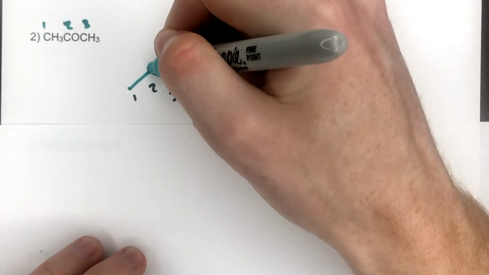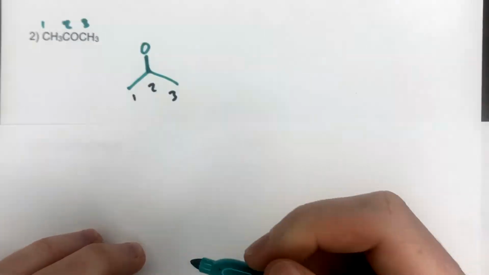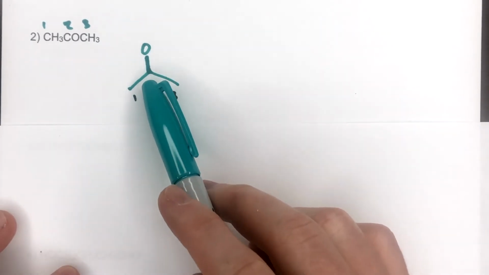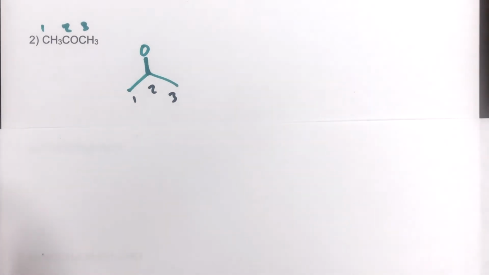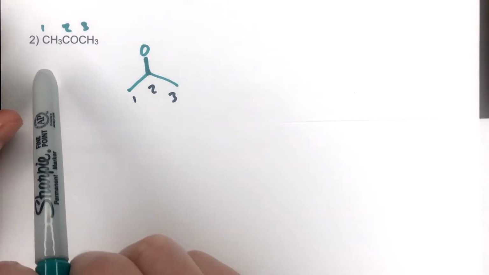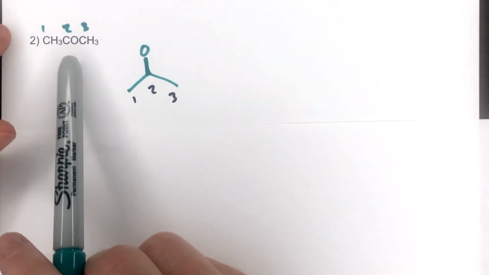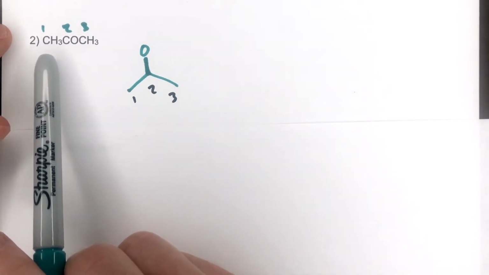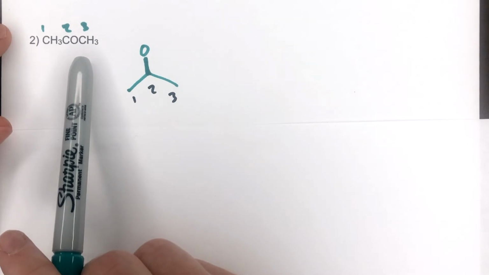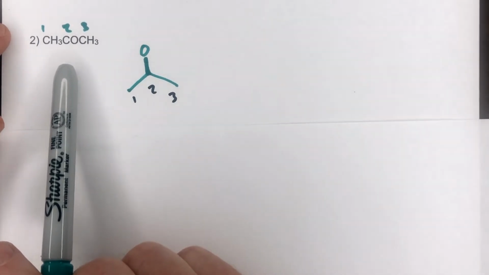So if we were going to draw a single bond to an oxygen, now let's consider the number of bonds to carbon number 2. Well, there's 1 to the oxygen, 1 to the carbon at 1, 1 to the carbon at 3. So that's only 3 bonds, so it would not have an octet. So we would need to have a hydrogen bound to that carbon number 2. And we look at our condensed formula, there is no hydrogen near carbon 2, because these 3 hydrogens are with carbon 1, these 3 hydrogens are with carbon 3, and that's all that there is.